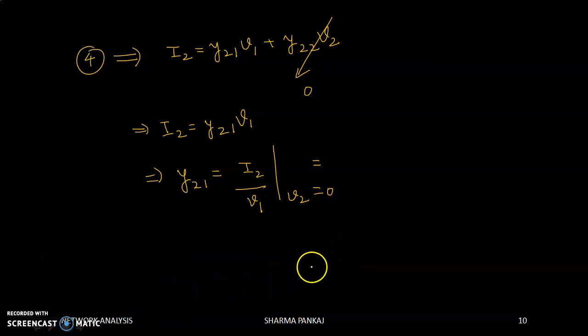So at port 2 the voltage has become 0. This is called y21 is equal to I2 upon V1.